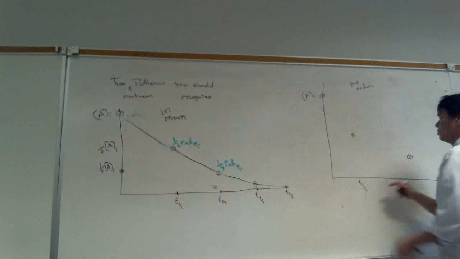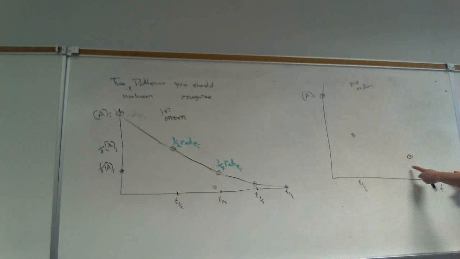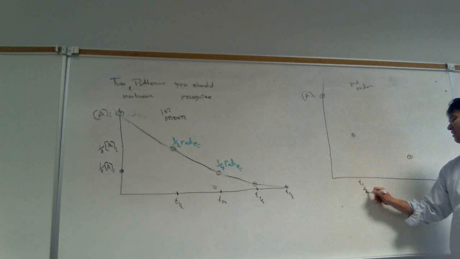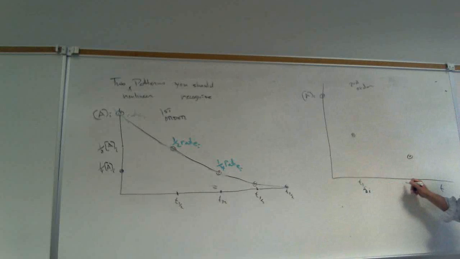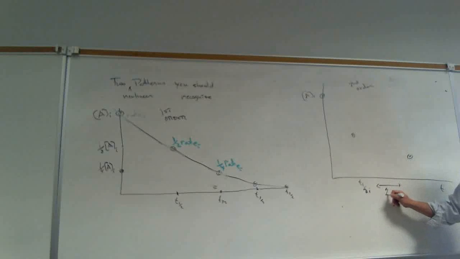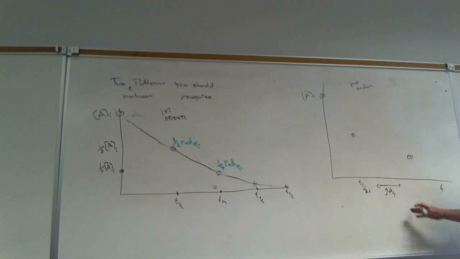So this would be 2 times the original T1/2. And then we cut it in half again. So the time interval from here would be 2 times T1/2 initial. Each successive half-life doubles the amount of time.